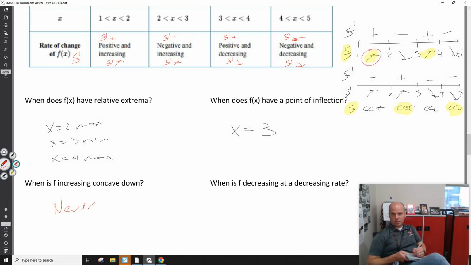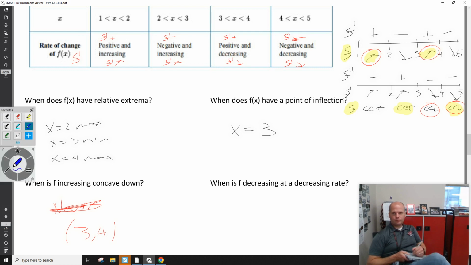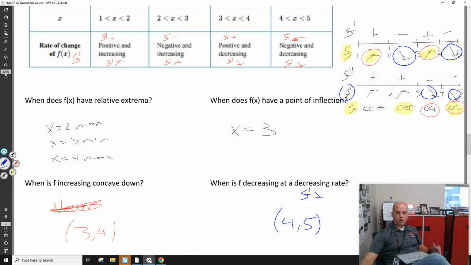F increasing, F concave down, 3 to 4. When is F decreasing? Switch colors. F is decreasing, the rates are decreasing, 4 to 5. Cool. So that covers this.